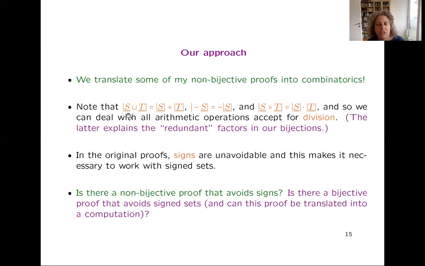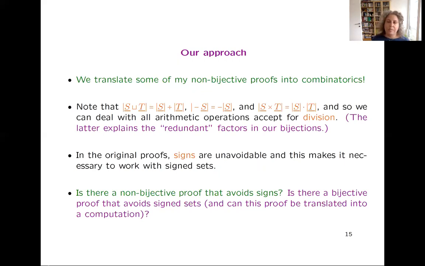So the disjoint union corresponds to the addition, opposite sign set corresponds to a negative sign, and the Cartesian product corresponds to multiplication. And actually the fact that we are not able to deal with division is reflected in the fact that we sometimes have these redundant factors.